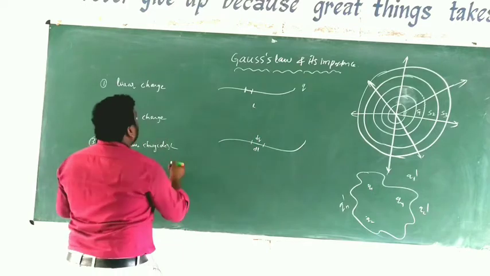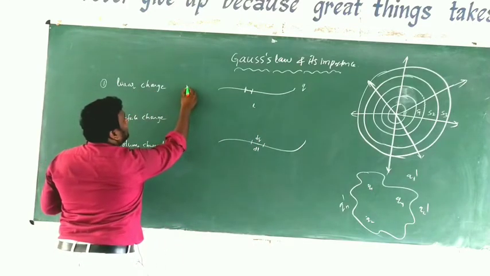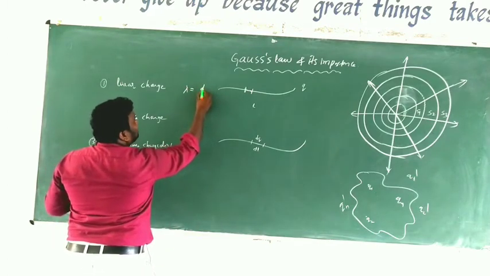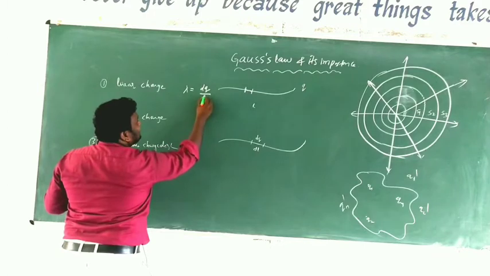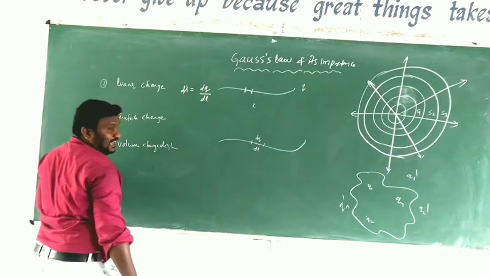So linear charge density is shown by lambda is equal to dq by dl, or d lambda is equal to dq by dl.